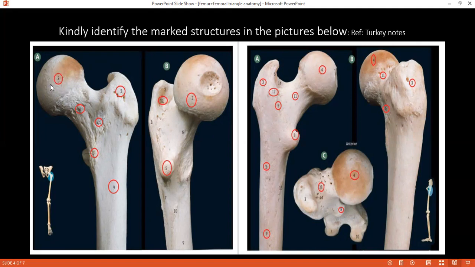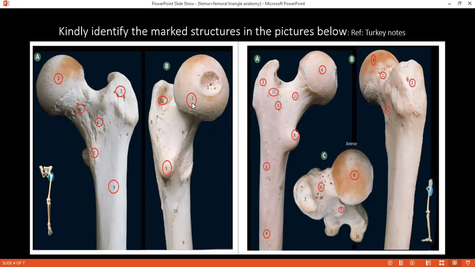Head and neck, greater tuberosity, neck of femur, intertubercular line, lesser tuberosity, and the shaft of the femur.